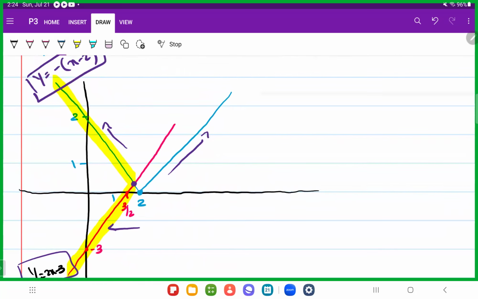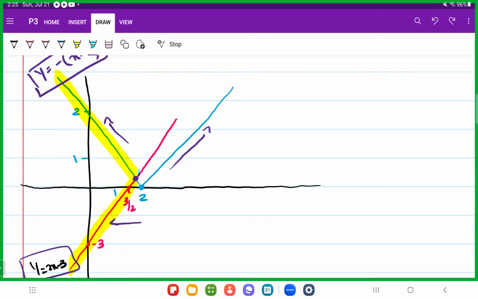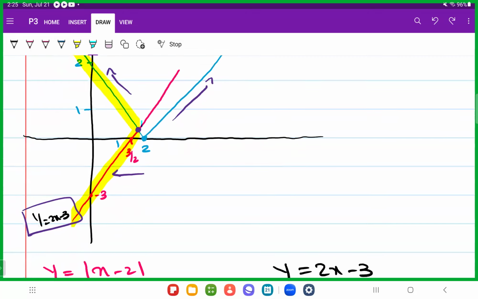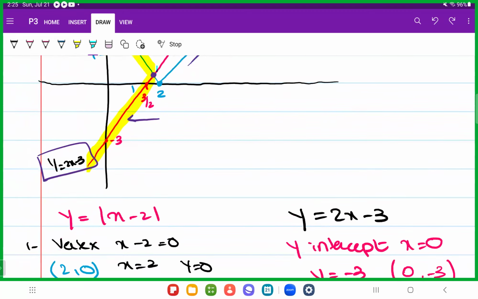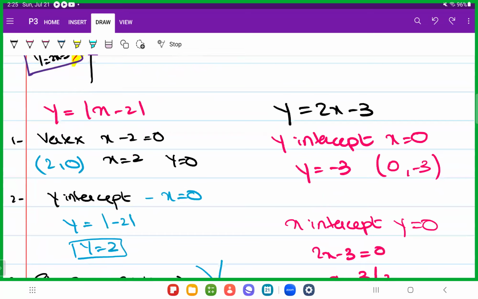The modulus graph needs to be above 2x - 3. Over here, can you see? This is my 2x - 3. It is above the modulus graph, right? So you need to figure out the region where the modulus is above the 2x - 3, which is this region, the yellow region, right? So this would be your answer.